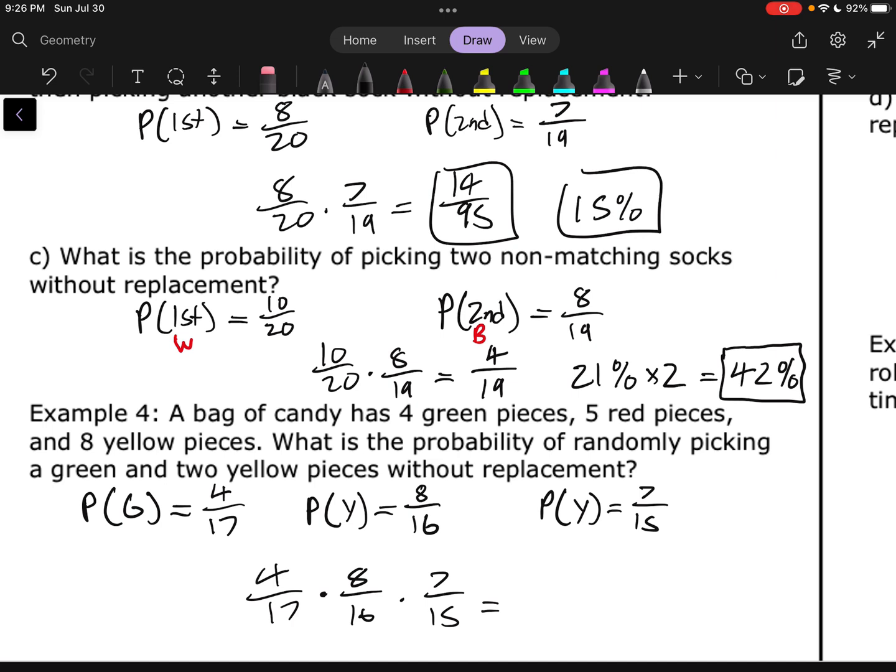All of those multiplied together, as a fraction, I am getting 14 out of 255, which would be my simplified answer, but as a percent, that would be right around 5%.